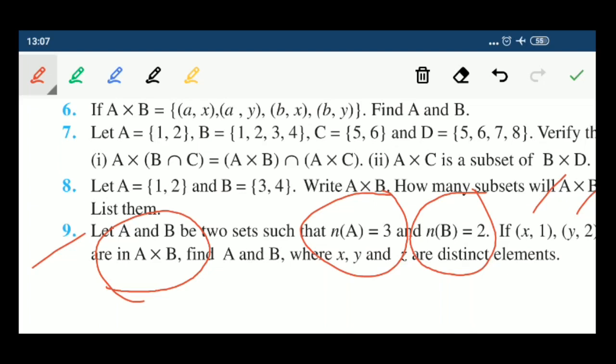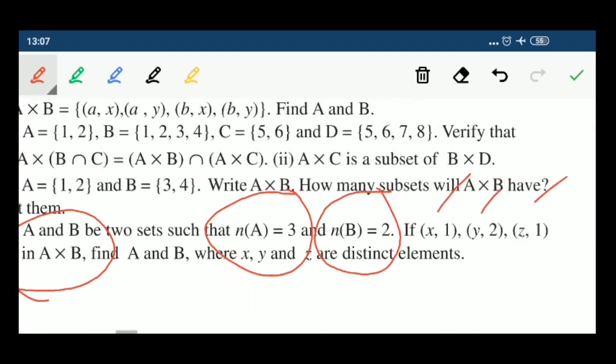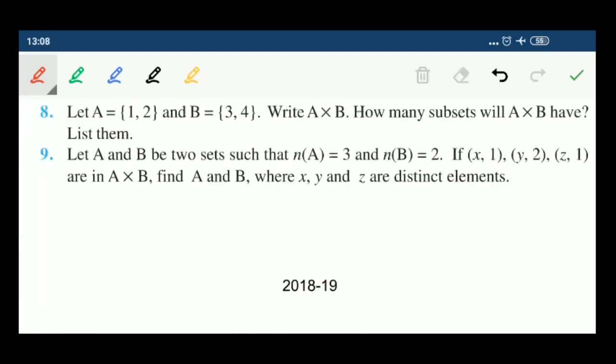When you find the Cartesian product of A and B, you will see x1, y2 and z1 are elements of that Cartesian product. And what they have told us is to find the values of A and B, where x, y and z are distinct.